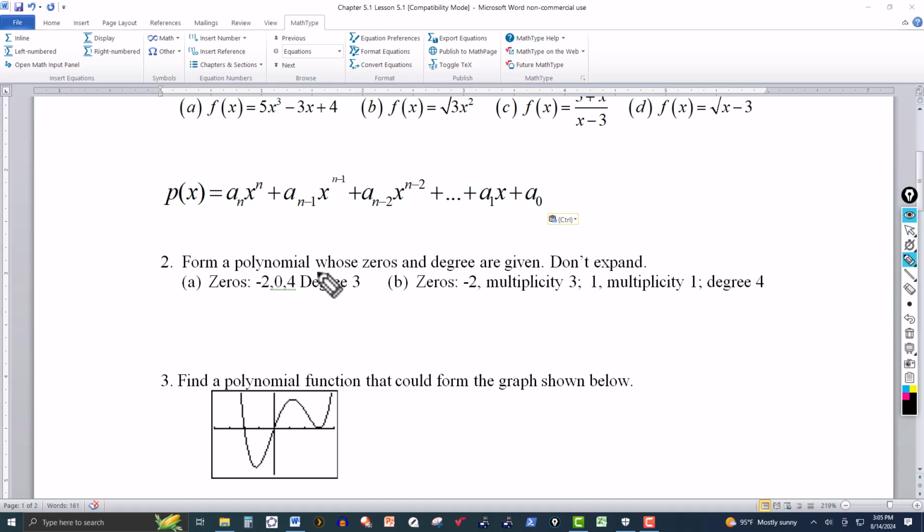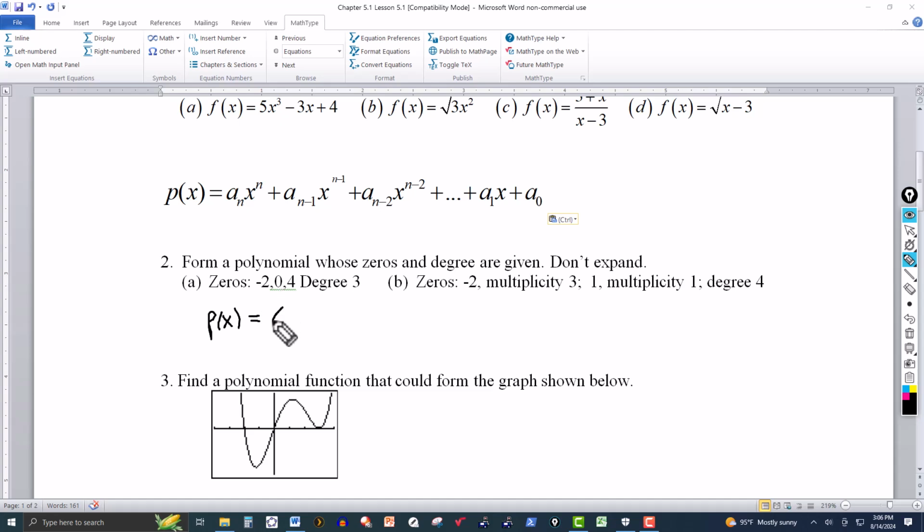Form a polynomial whose zeros and degree are given. Don't expand. So p of x has these zeros, -2, 0, and 4. Remember, I said if r is a 0, then x minus r is a factor. So I'm going to do the middle one here. 0 is a 0 of the polynomial, so x minus 0 has to be a factor.